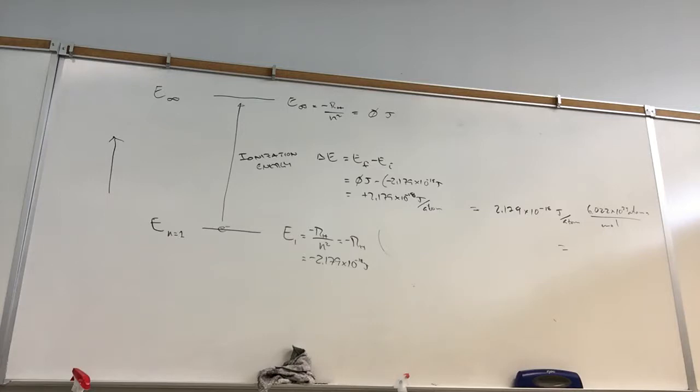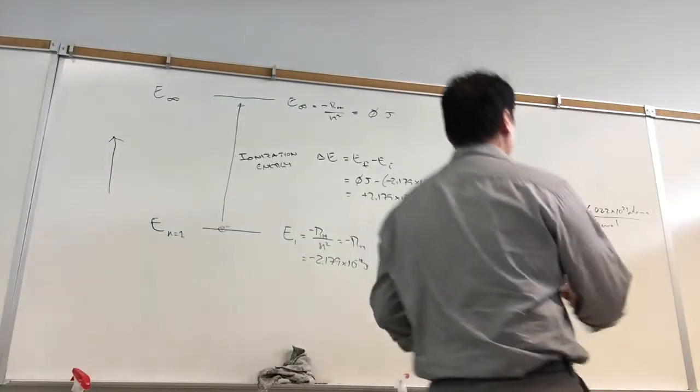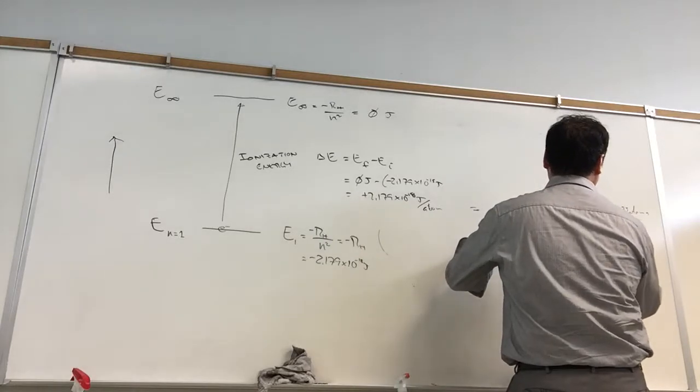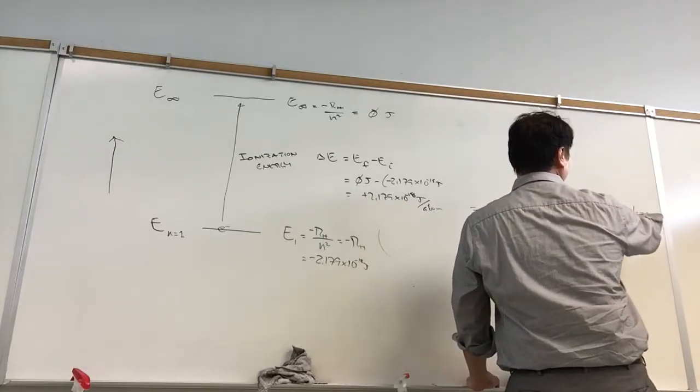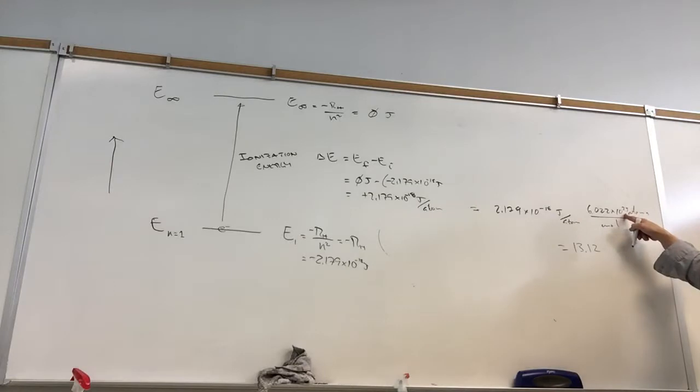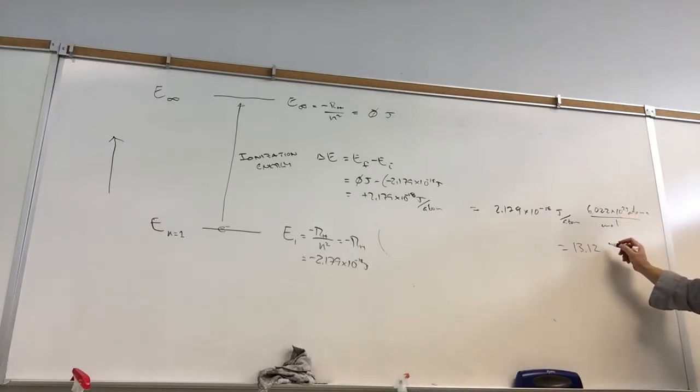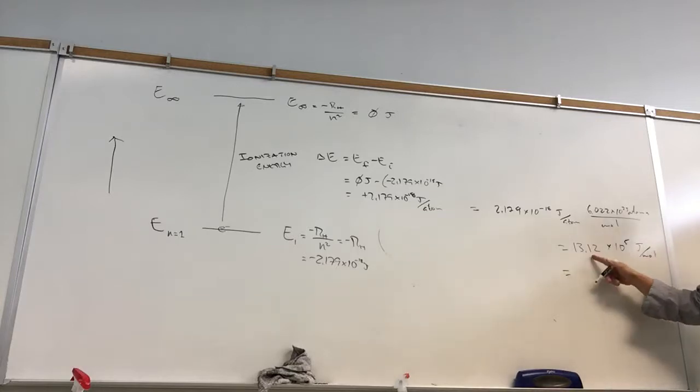So 2.179 times 6.022. We'll do the exponent later, 13.12, and then 18 and 23 gives us 5 times 10 to the 5th joules per mole. So let's do that to 10 to the 3rd.